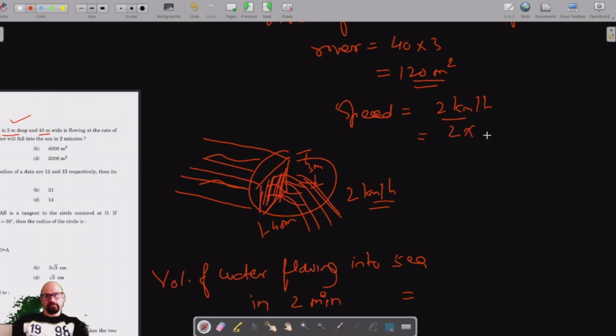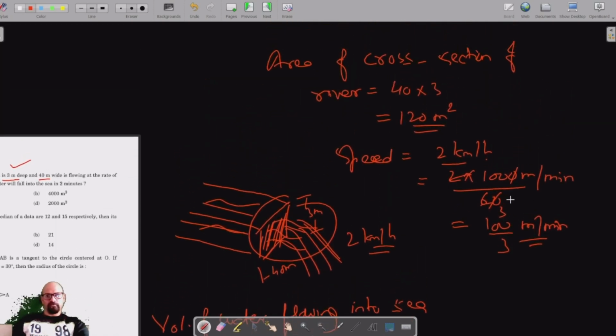So 2 km means 2 into 1000 meters, and an hour has to be divided by 60. So this is the speed in meter per minute, which is 100 by 3 meter per minute.